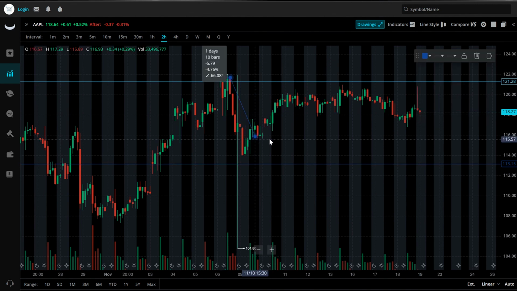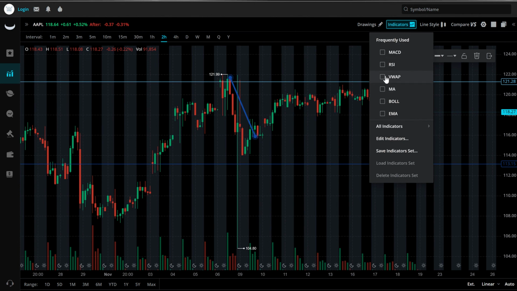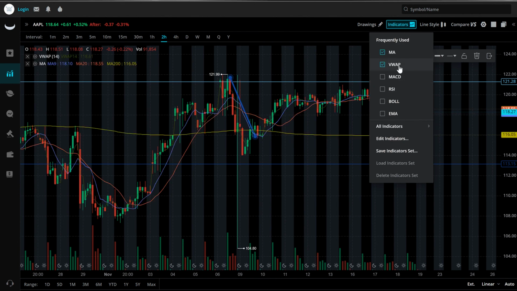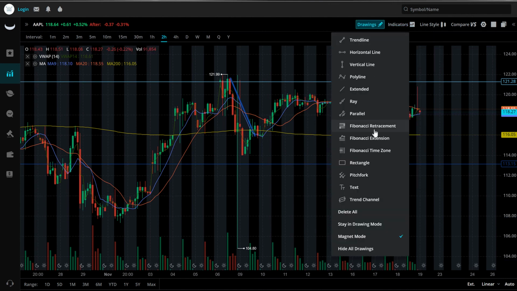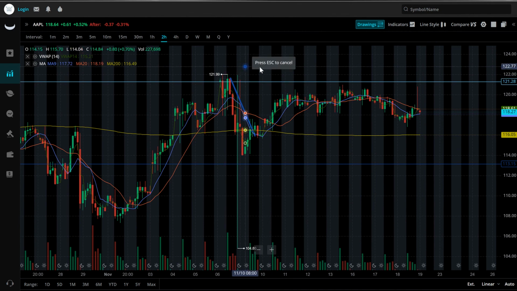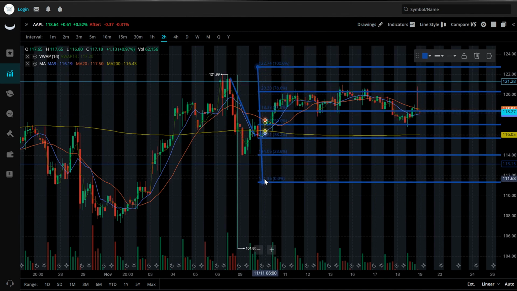Like that. And they can be all different shapes, sizes, styles. Then you will most likely see indicators. You'll probably see a VWAP and a moving average. And then that's pretty much what your minimum chart will look like for the most part. Mine in particular will then have some Fibonacci retracements in there as well.